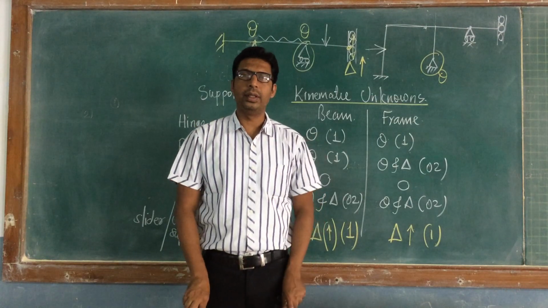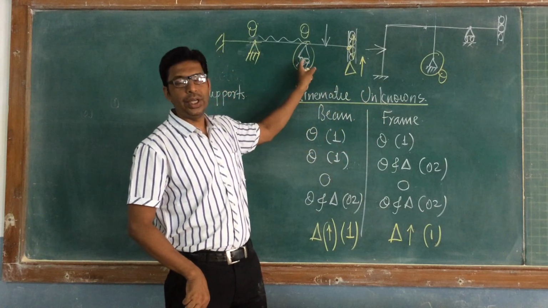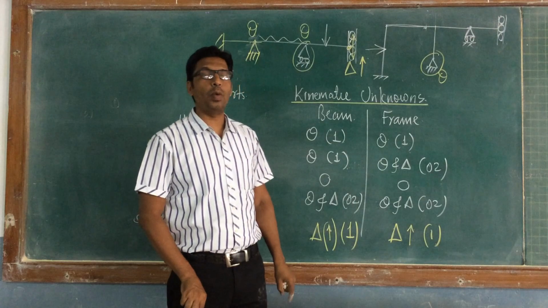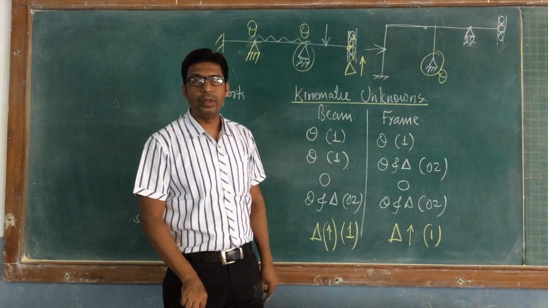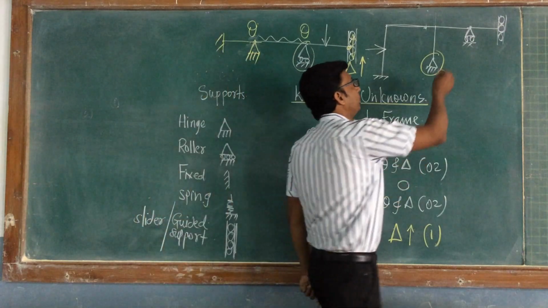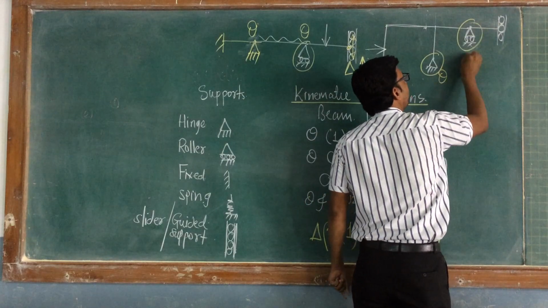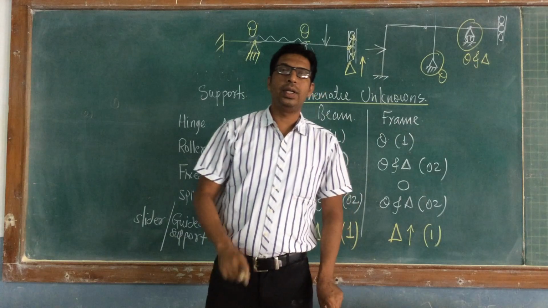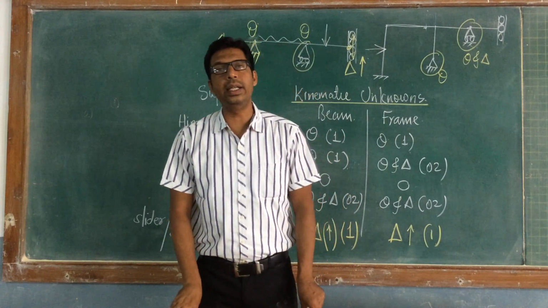And that's why there is only one unknown, theta, in case of a beam. But the same roller support, when provided in a frame, has two unknowns, theta and horizontal displacement delta.